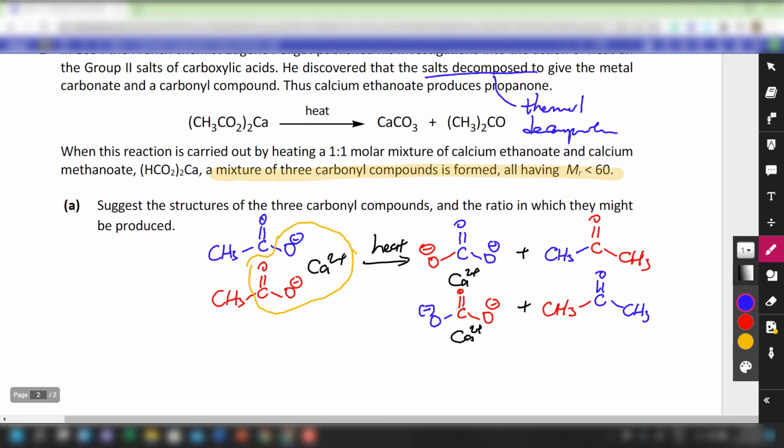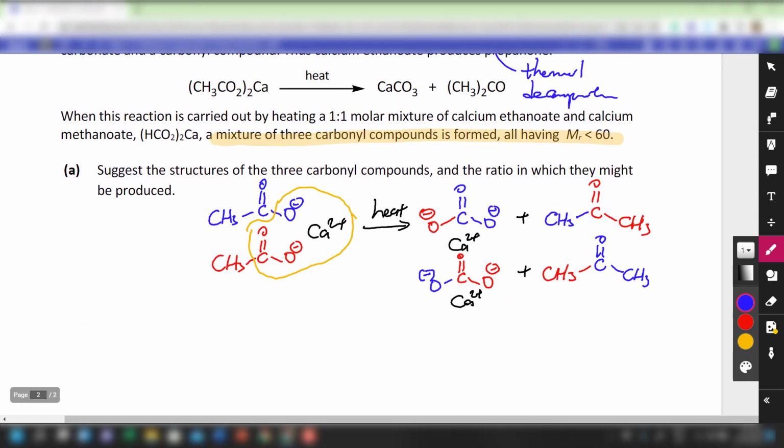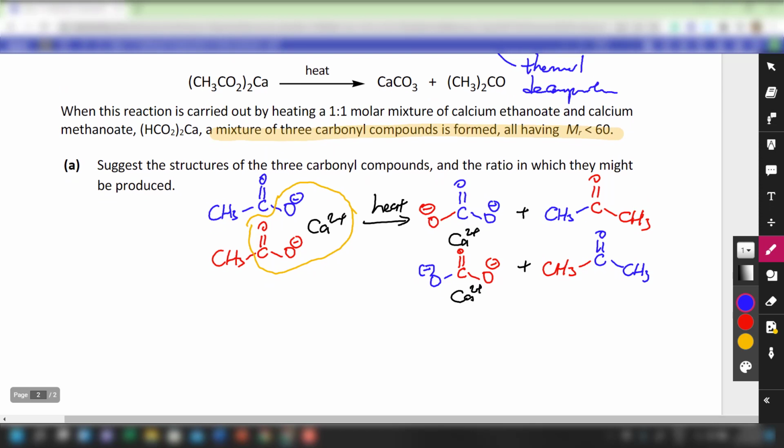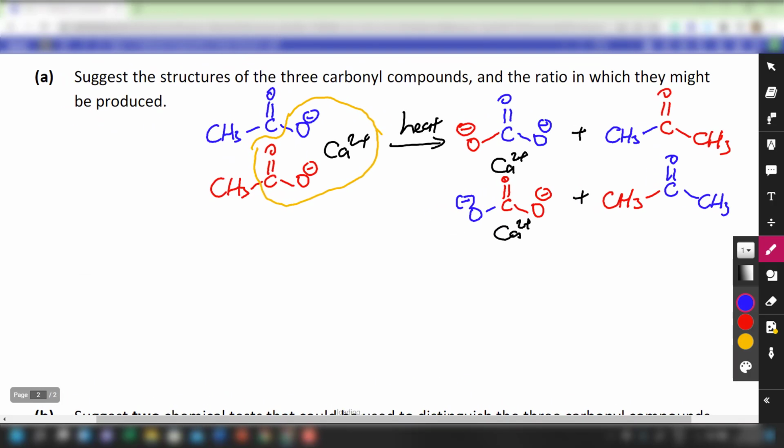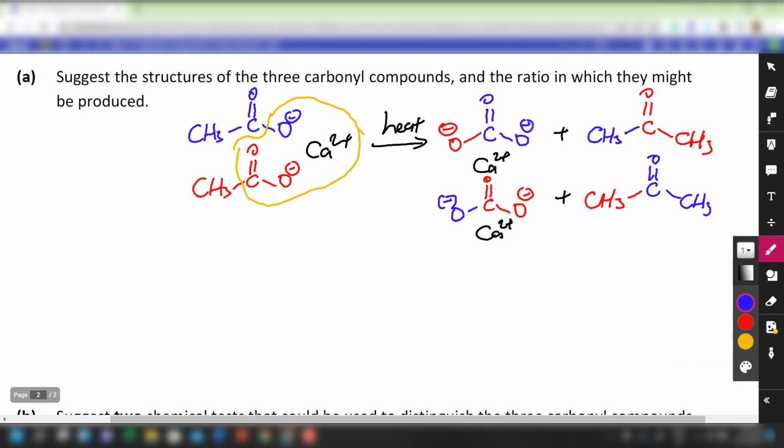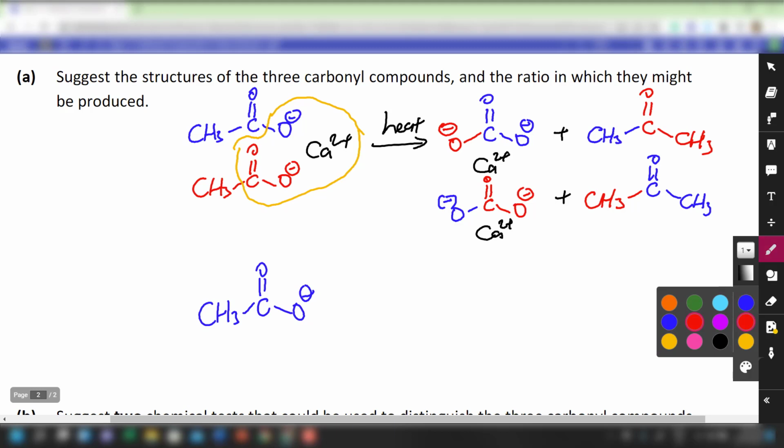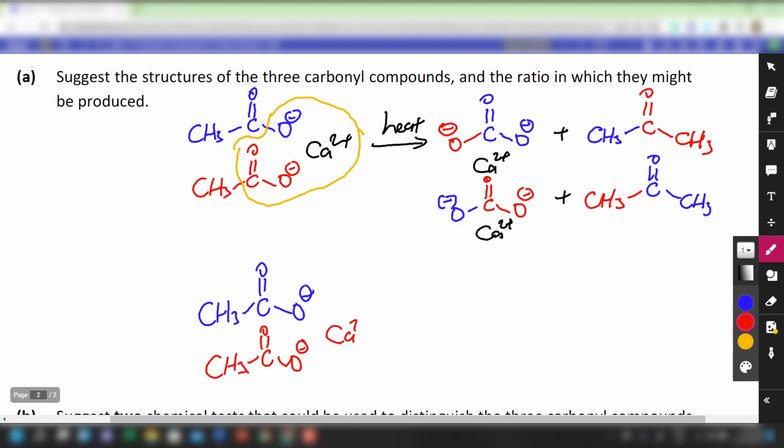Right now, I'm going to expand it a little bit. What I'm going to do now is have a combination of calcium ethanoate and calcium methanoate. I'm just going to write it down below. It's the same thing: CH3, C double bond O, O minus, and then of course CH3, C double bond O, O minus, and then calcium 2 plus.